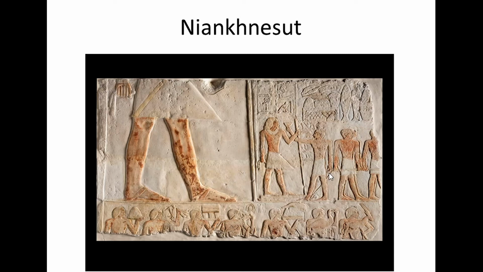And these workers have a rope with which they're pulling the statue, and they're supervised by a man with a staff and a bit of a fancy hat. So this is probably a good representation of Egyptian social structure, and I want to talk about these people down here more than this person here.